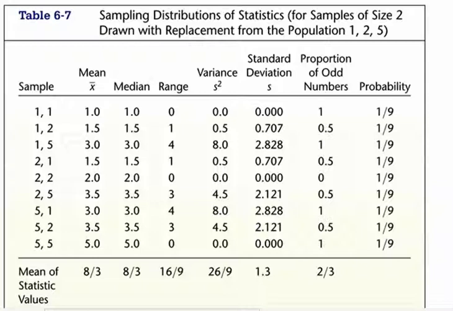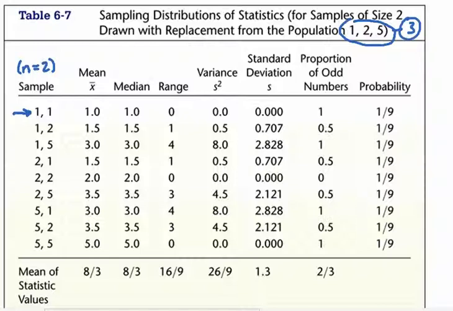And we were behaving as though there were only the numbers 1, 2, and 5. And we looked at all samples of size 2, similar to ours. Now that's going to be 2 to the 3rd because there's only 3 in the population, where ours was going to be 2 to the 4th.